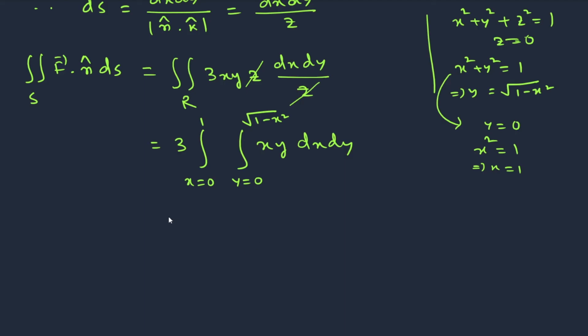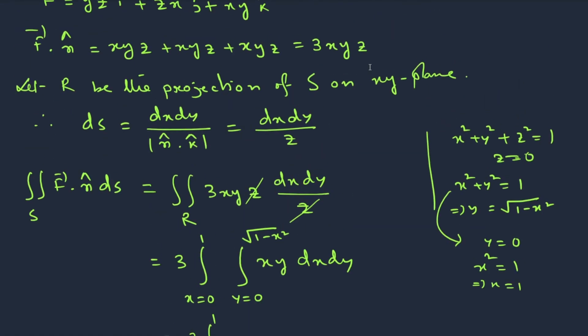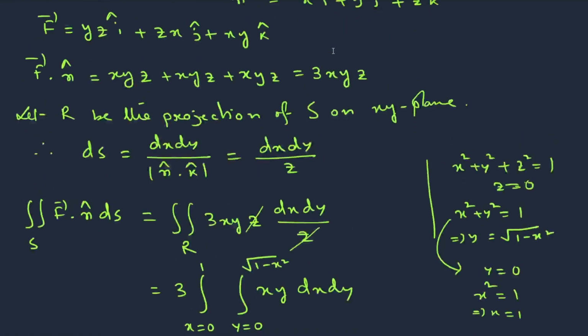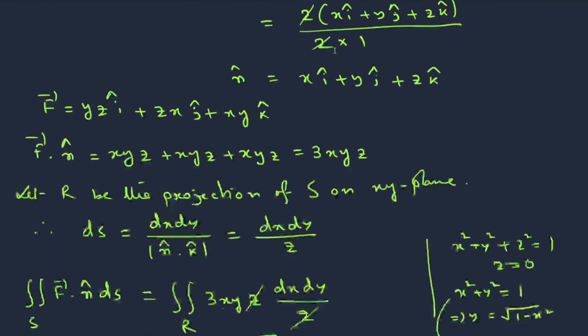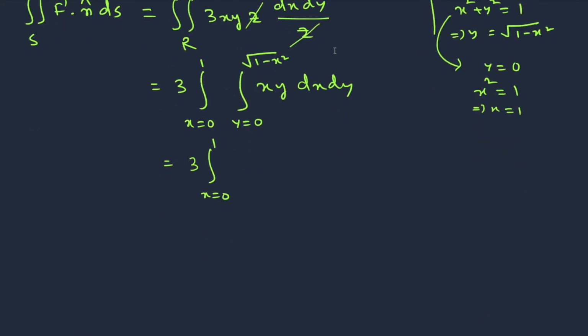So this is equals to 3 into the integral from 0 to 1 of x, and y from 0 to root over 1 minus x square, x square plus y square equals to 1 being the boundary. Now you will see, the limit of y is dependent on x. So first we have to integrate with respect to y.